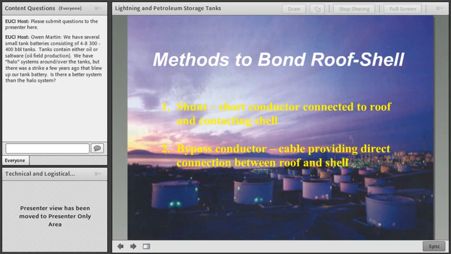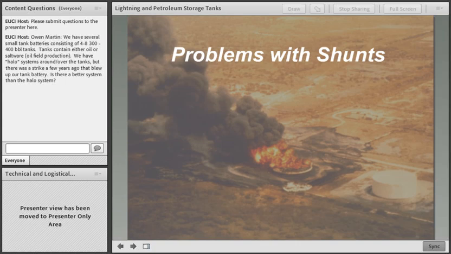The second way is to use a bypass conductor. And a bypass conductor, we're simply just talking about a piece of wire that's bonded to the top of the tank rim and to the roof.